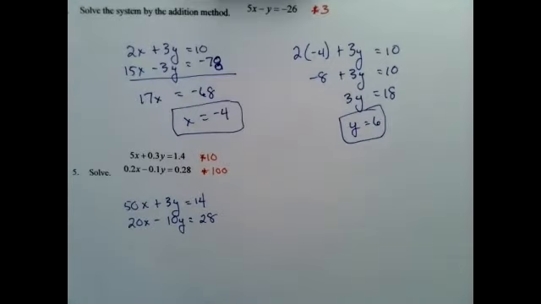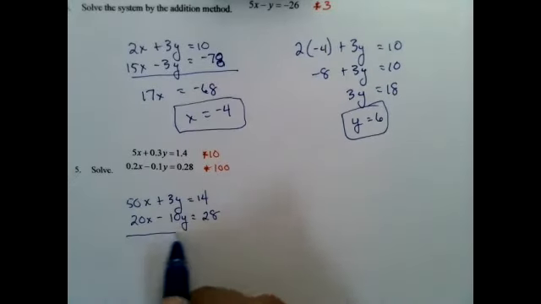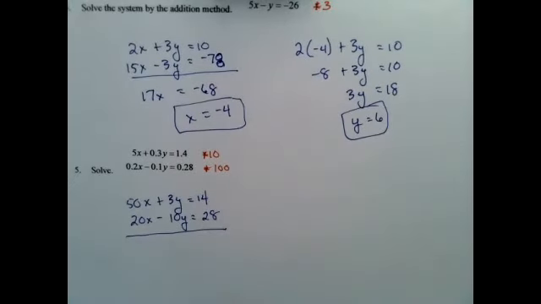Not the best situation. Now I have to get rid of something. I need to either clear the x's or clear the y's. Anybody have any ideas? Pick one, x or y.